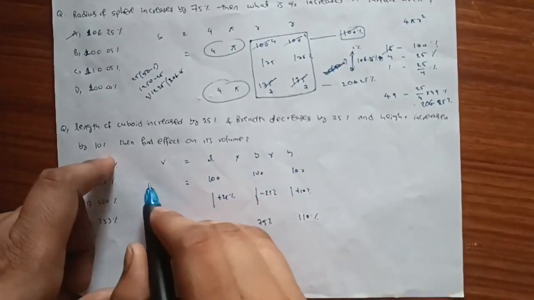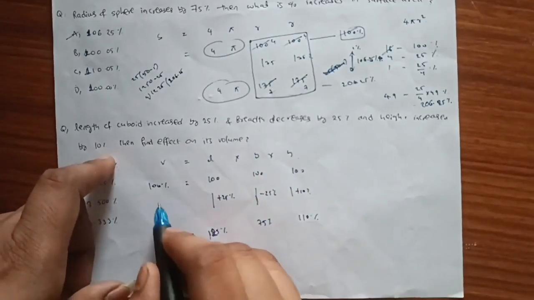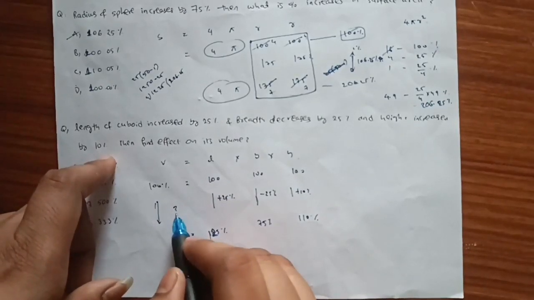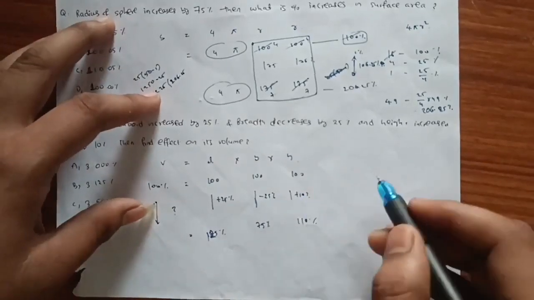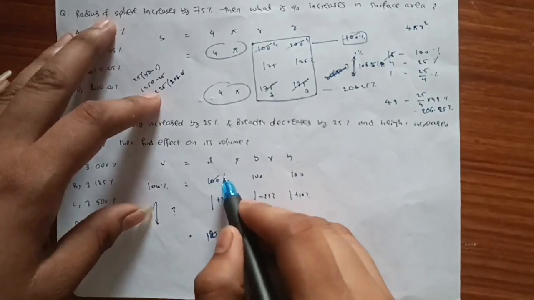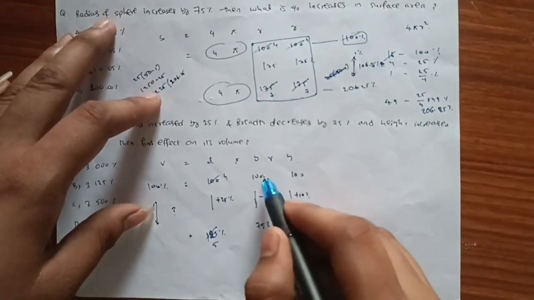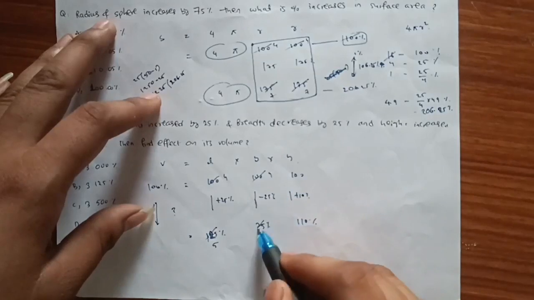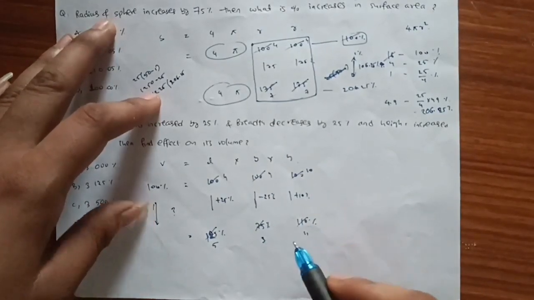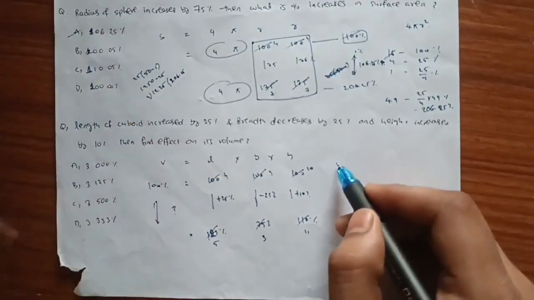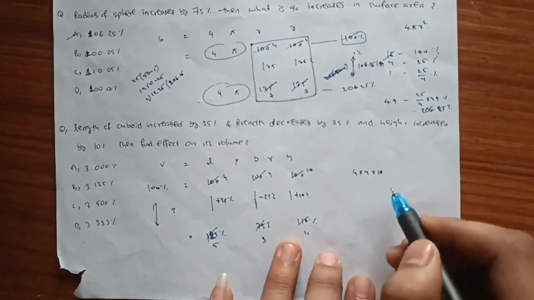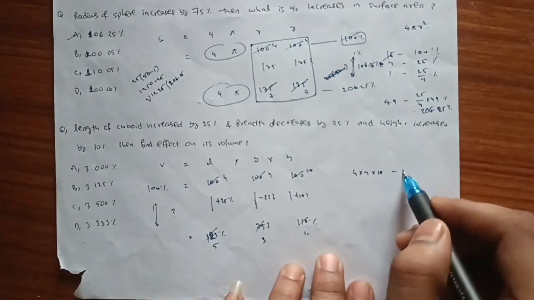Then find the effect on its volume. If it is 100%, then we need to find the difference in the volume. It is a longer calculation, so here we need to take 25 4 times and 25 5 times, and 25 4 times, 25 3 times, 10 10 times, 10 11 times. So 4 into 10 equals 100%.